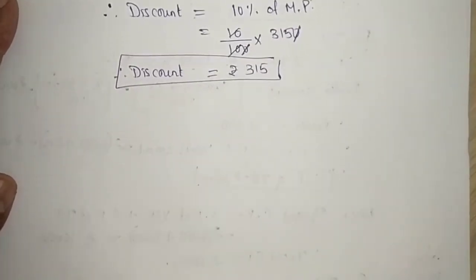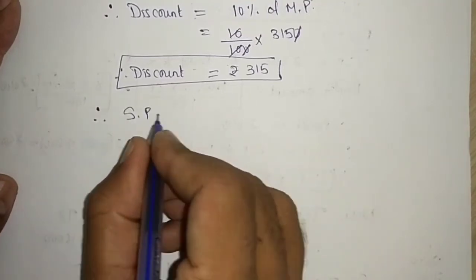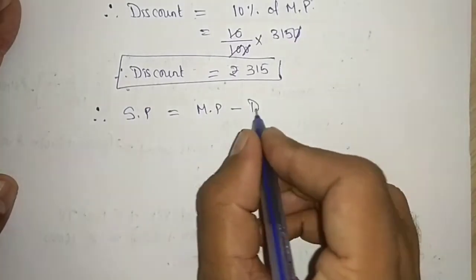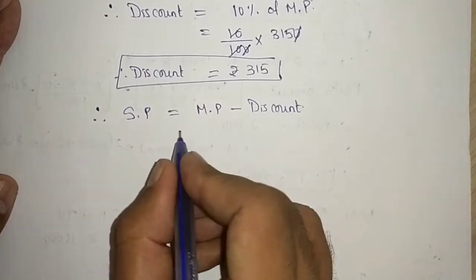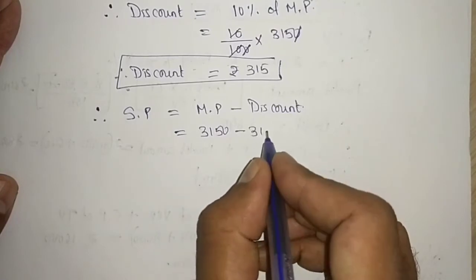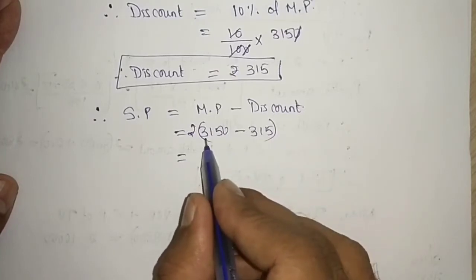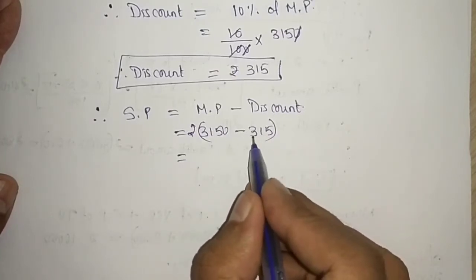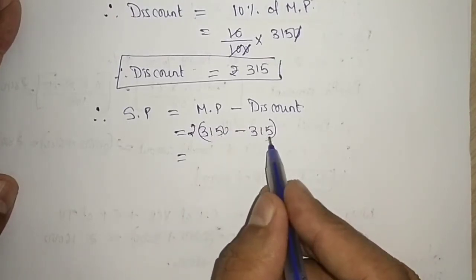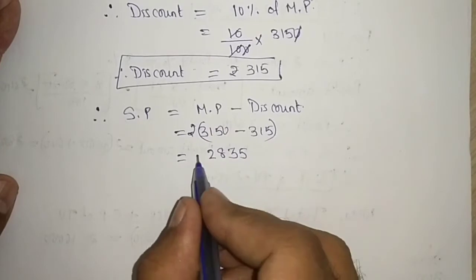This I will remove from the marked price, so I will get the selling price. Therefore selling price is equal to marked price minus discount. What was the marked price? The marked price was 3150 minus 315. First of all, from 3100 we will remove 300, so we get 2850, and from 50 we will remove 15, so I will get 2835 rupees.